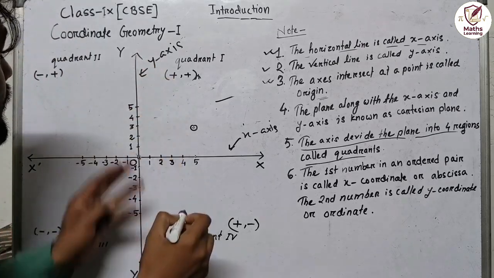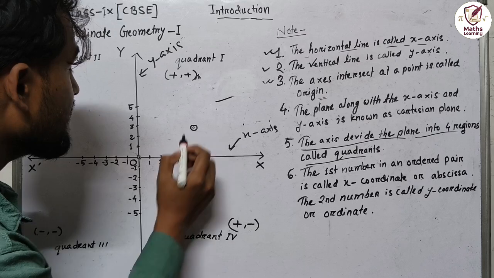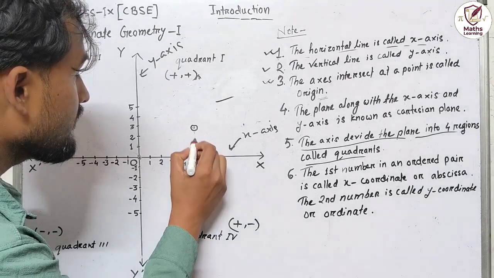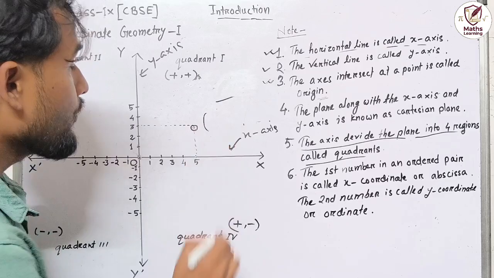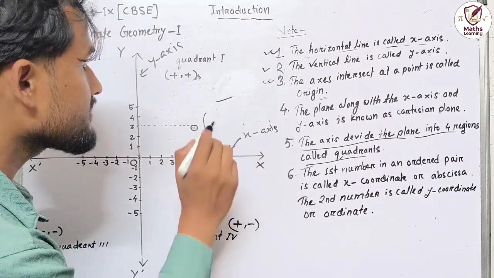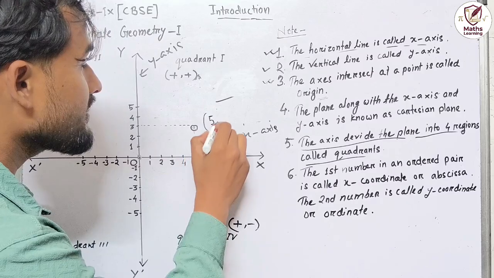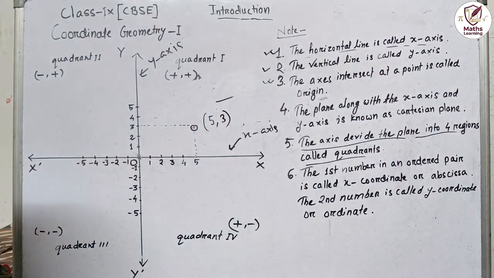We have to check the y-axis positive direction. It's 1 unit, 2 unit and 3 unit, and it will be the position. And we have to write the x coordinate first. X coordinate here is 5 and y coordinate is 3.